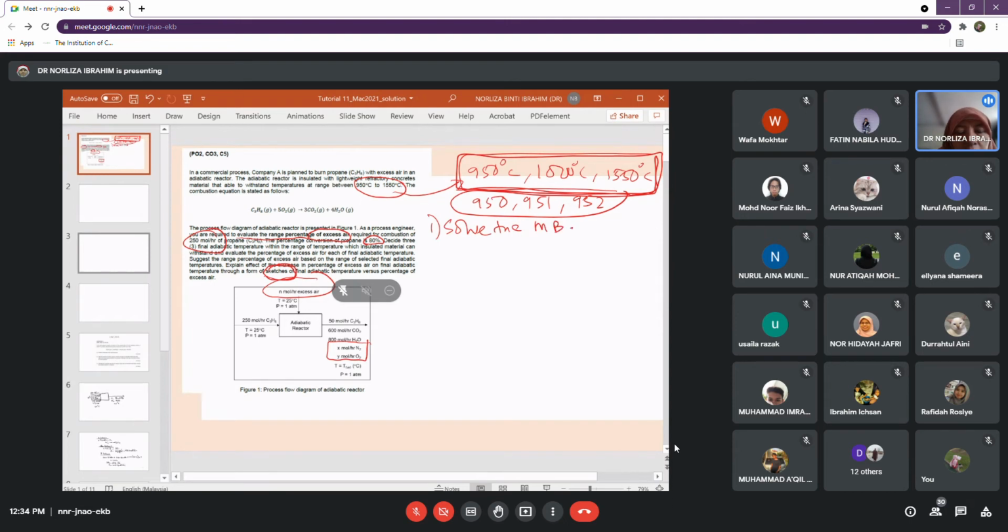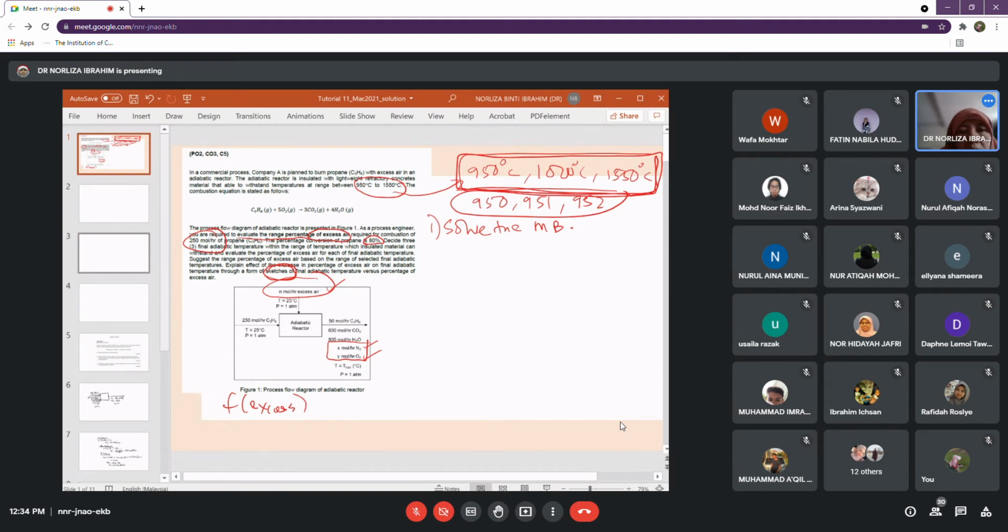So if you go here, solve the material balance, it's already there, but you have X, Y, N. So if you refer to that, you have three unknowns, and then you will add another unknown F, your percentage excess.